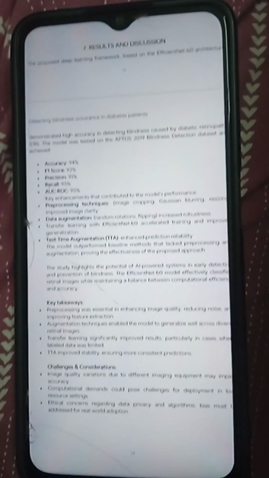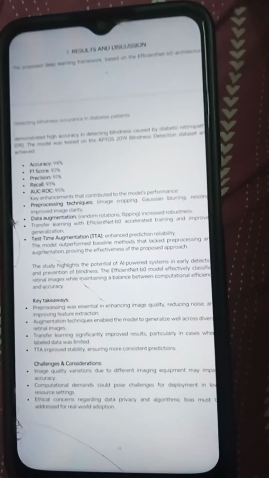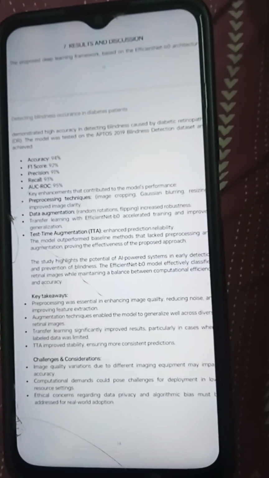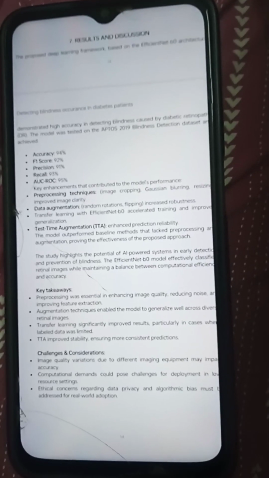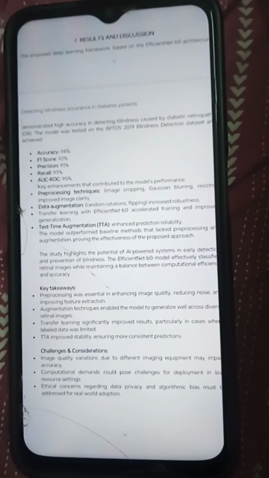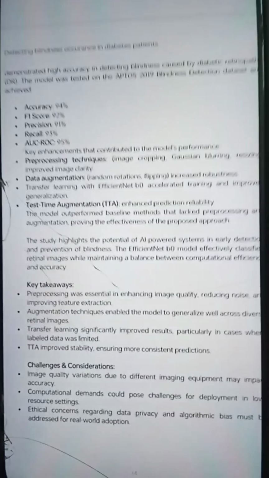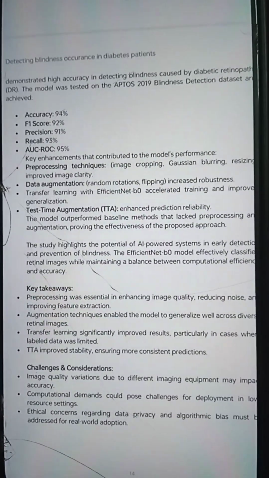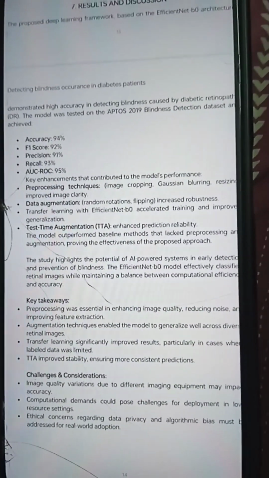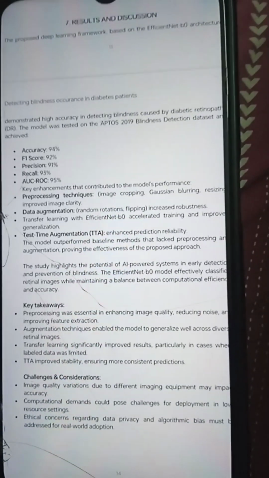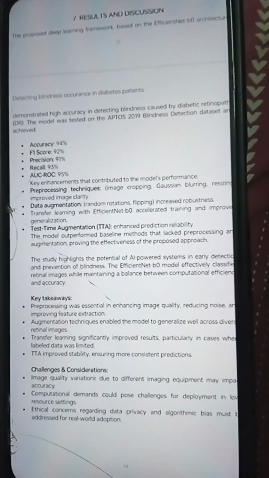Test time augmentation enhances the prediction reliability. The study highlights the potential of AI-powered systems in early detection and prevention of blindness. The EfficientNet B0 model efficiently classified retinal images while maintaining a balance between computational efficiency and accuracy.